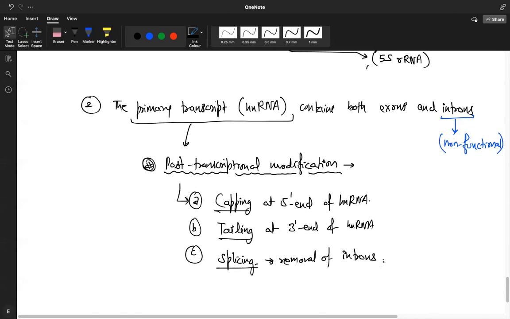Don't you think if we did not have introns, then we would have saved a lot of energy? No need of splicing. And I have always told you, biology, whatever it does, it has a logic. A system would never like to be wasting energy, because biology is very intelligent.